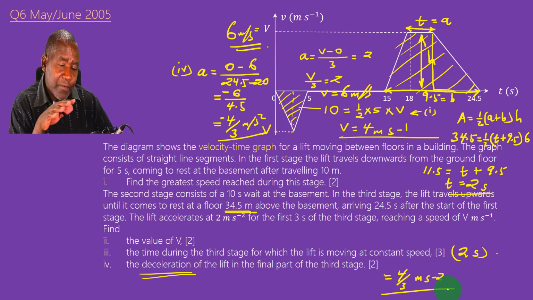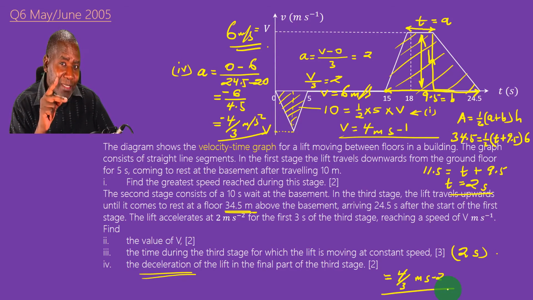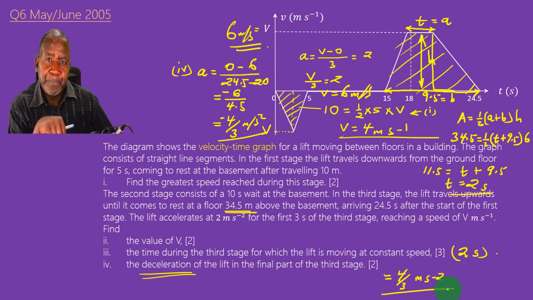What is the take from this question? The marks that you earn when you are looking at velocity time graphs, you should be able to earn all of them, because in Mechanics 1, they will always test those two things. Do you know that the gradient represents acceleration? Do you know that the area represents displacement?